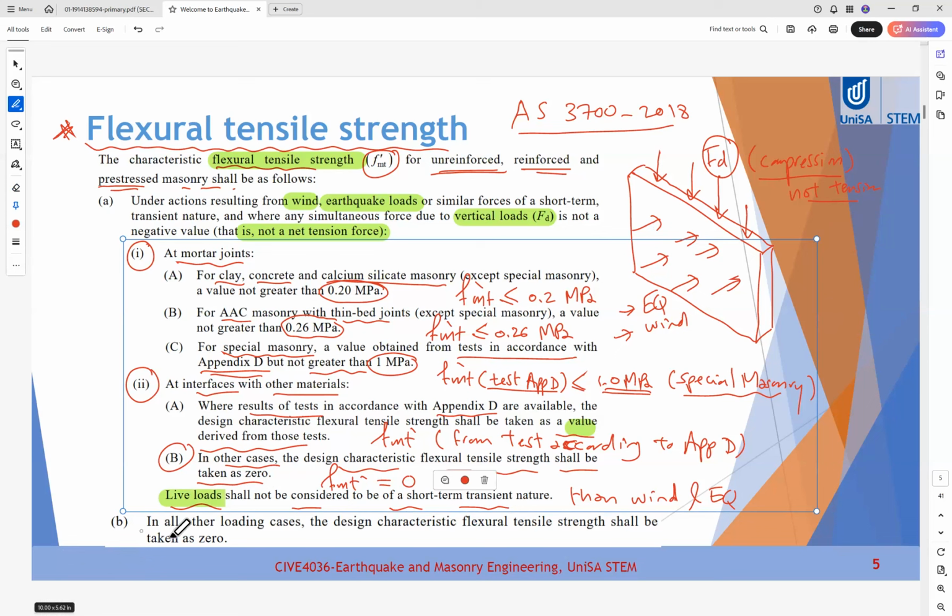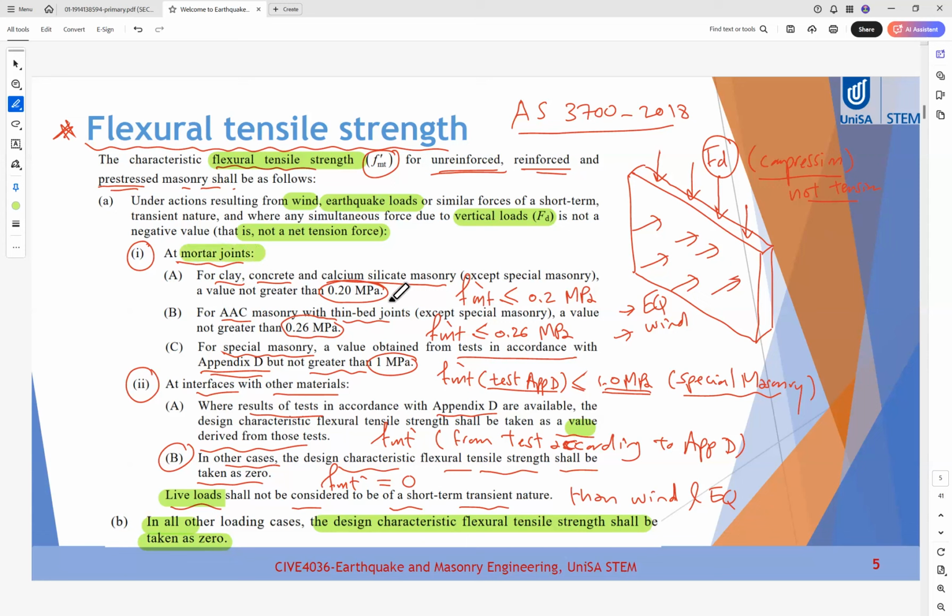In other cases, the design characteristic flexure tensile strength shall be taken as 0. So in any other case, from mortar joint with clay, concrete, calcium silicate, or at interfaces with other material, the value can be taken as 0. So this means that the value is small enough to be ignored.